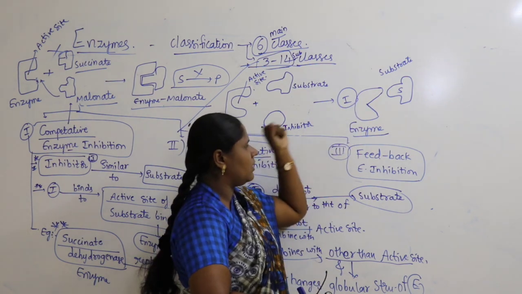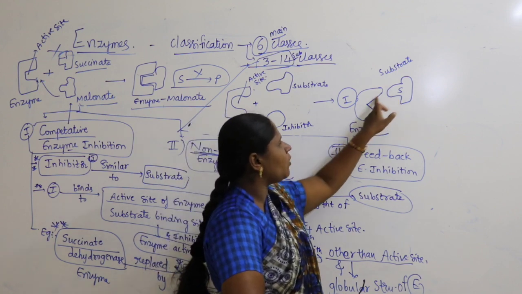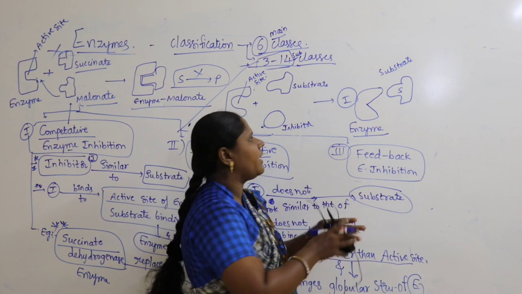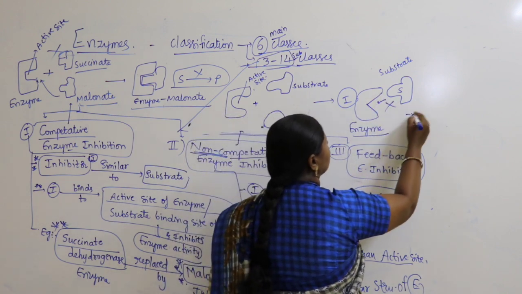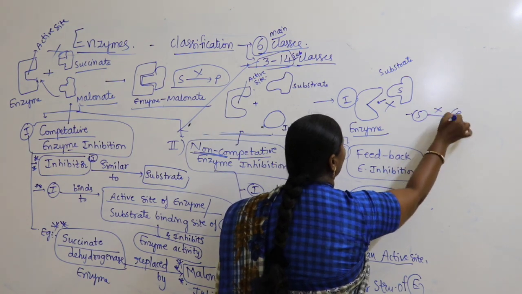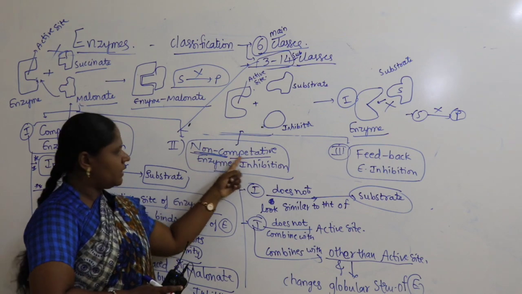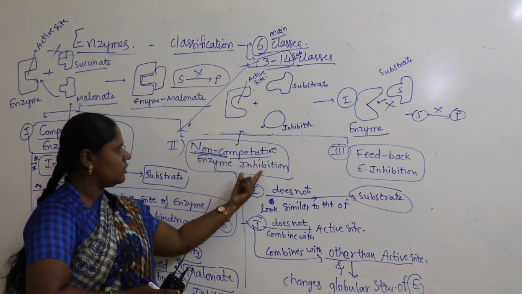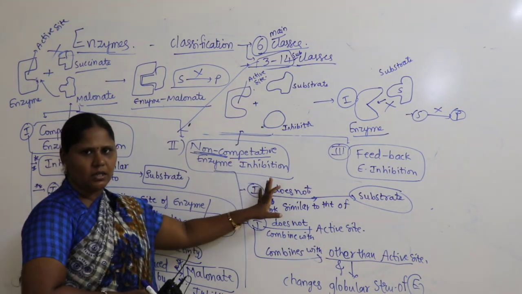It pulls aside, thereby the active site structure alters. Thereby the substrate cannot fit and combine with the active site. As a result, the substrate cannot be converted into product. So what is this called? Non-competitive enzyme inhibition.